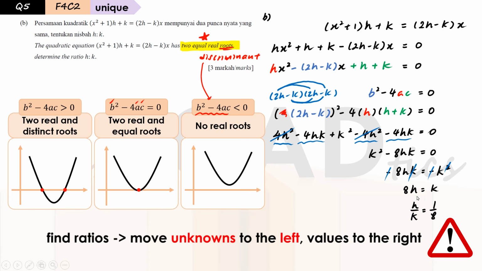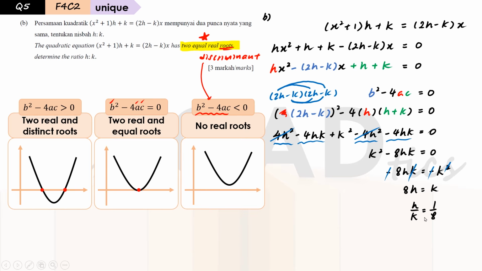Above, you can see that h is equal to 1, which means h has 1 part. And below, if we compare, k has 8 parts. So this can be transformed into a ratio: h is 1 part, k is 8 parts. And we have found the ratio of h to k, which is 1 to 8.